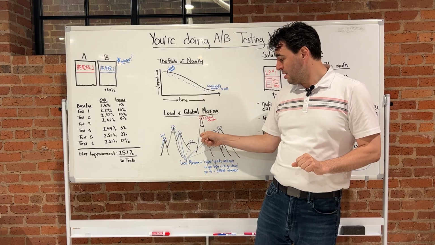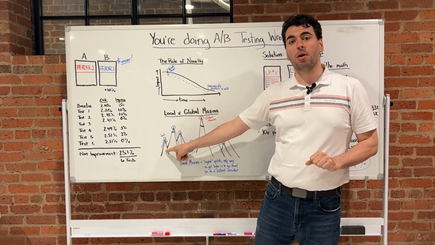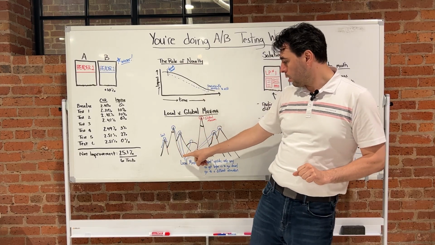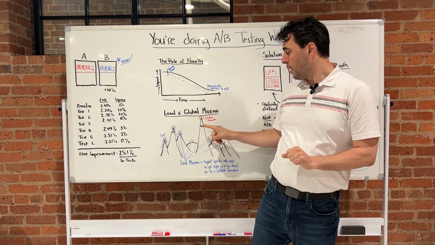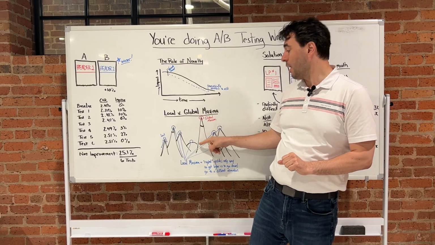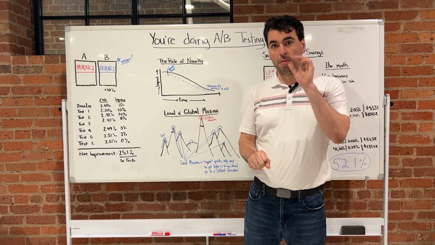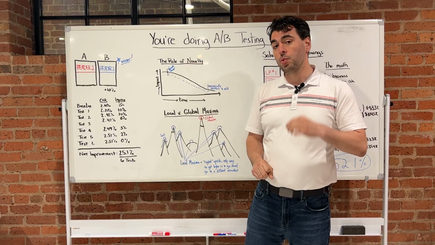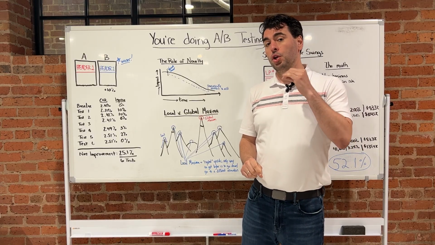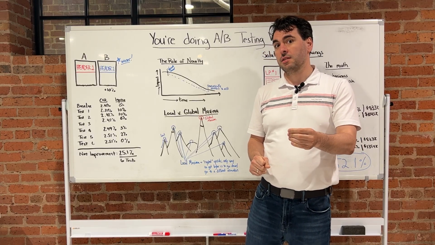To get to the top of this mountain, you actually have to leave this mountain altogether. And you've got to go wander over here, go up and down a hill, and get to this mountain, and then get all the way up. That's a different challenge. You will not get to a new mountain using incremental tactics.